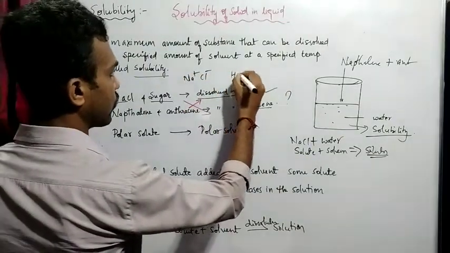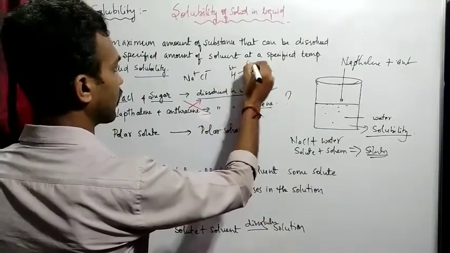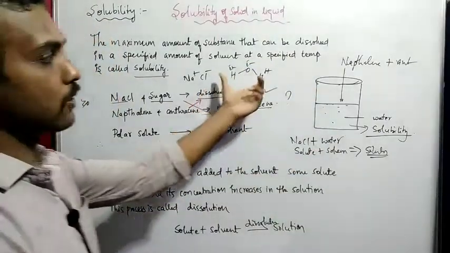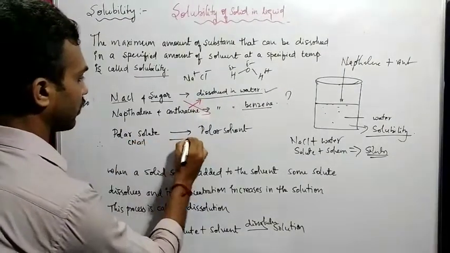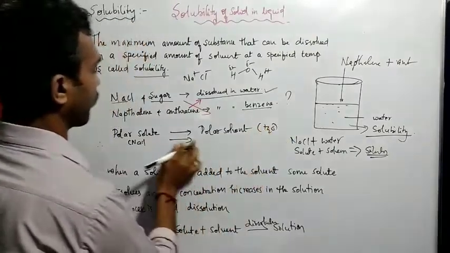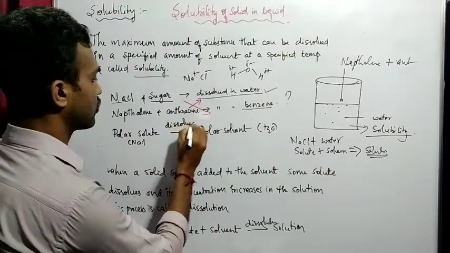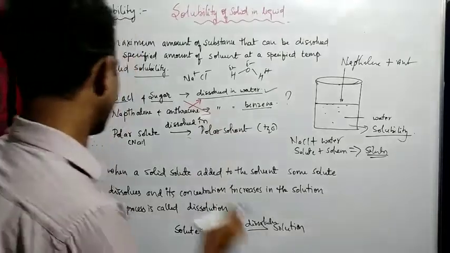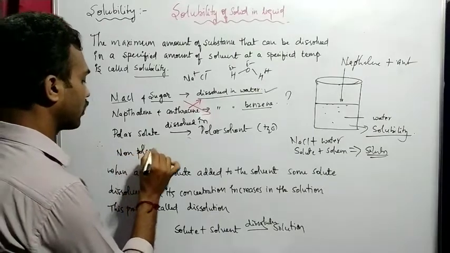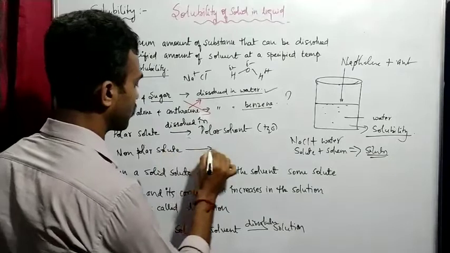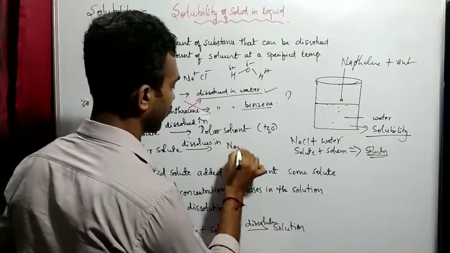Water is H2O, with delta plus on hydrogen and delta negative on oxygen. So water is a polar solvent, and NaCl is a polar solid. A polar solute dissolves in a polar solvent, and in the same way a non-polar solute dissolves in a non-polar solvent.